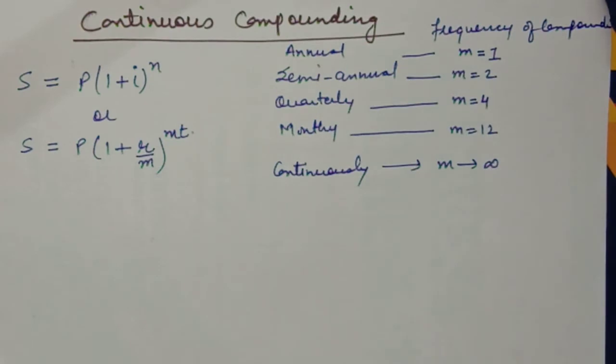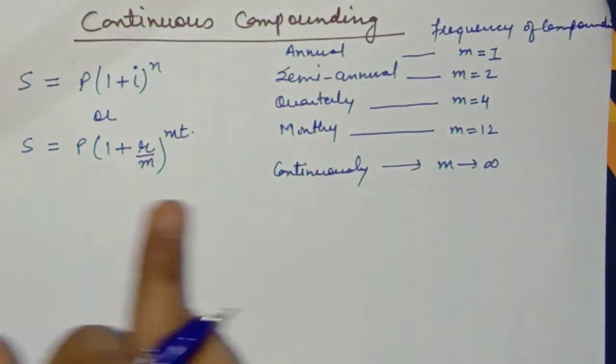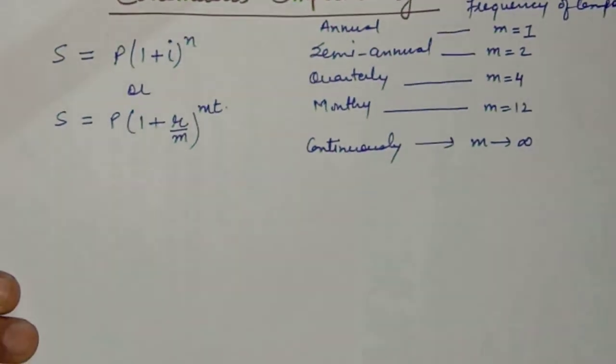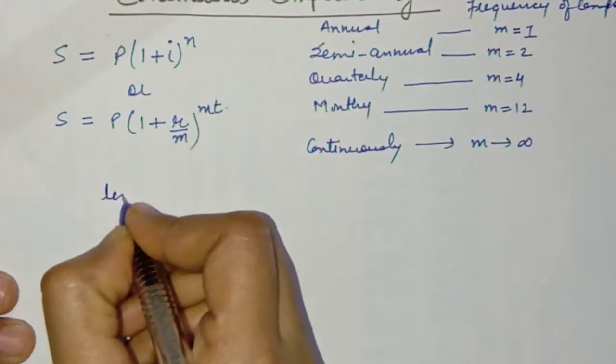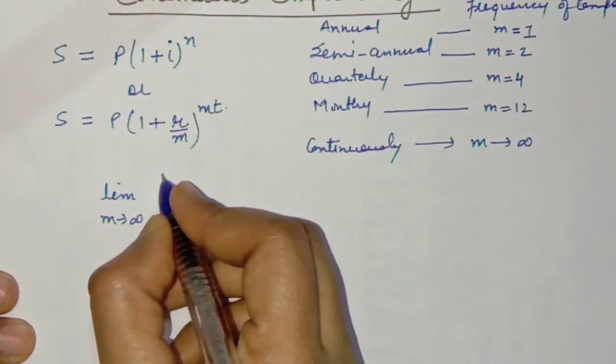Now, how do we find the formula? For this, we use the same formula, but in case of continuous compounding, m tends towards infinity. So I am applying the limit as m tends to infinity in the formula.